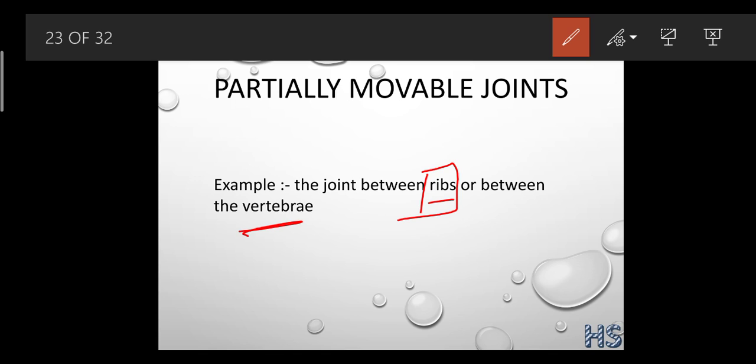Whenever we see the sternum, there is an attachment of the ribs. Whenever we breathe in and out, it expands and contracts, but it shows only a small amount of movement. That is why it is considered partially movable. And vertebrae means the back region.